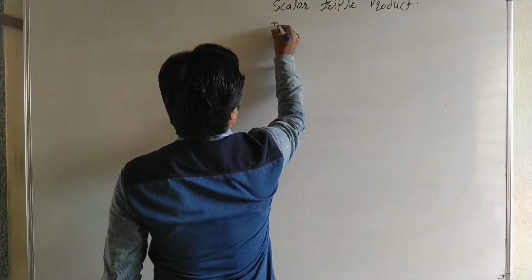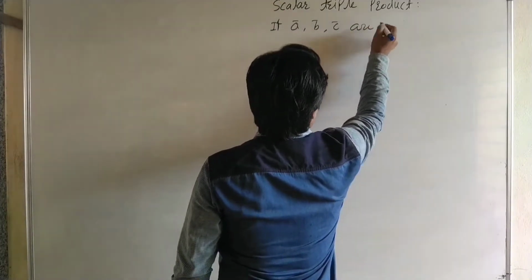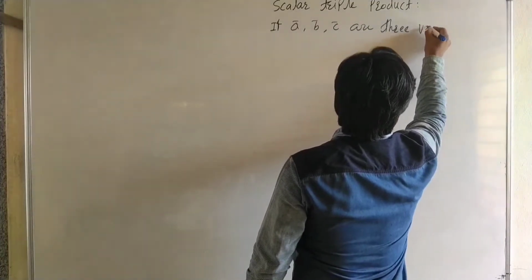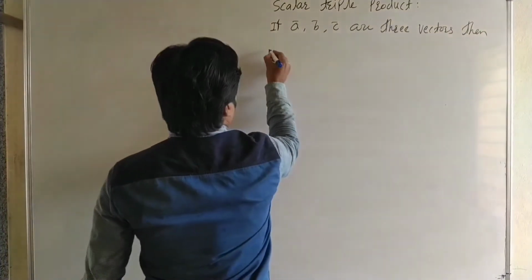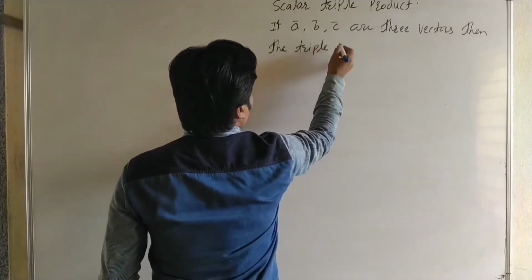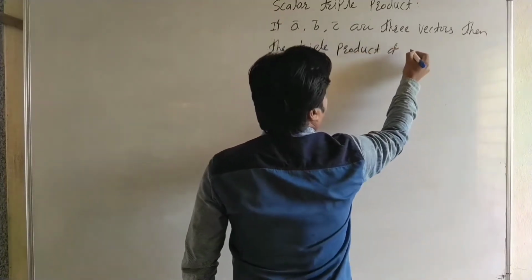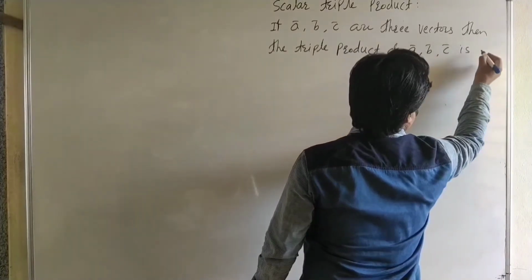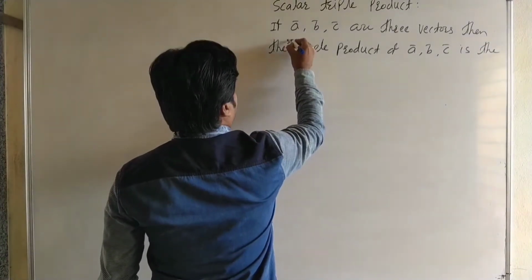If a bar, b bar, c bar are three vectors, then the triple product of a bar, b bar and c bar is the scalar triple product.